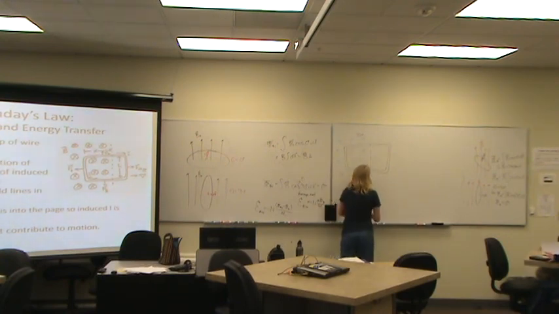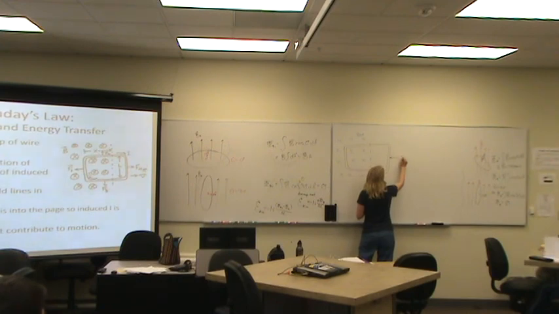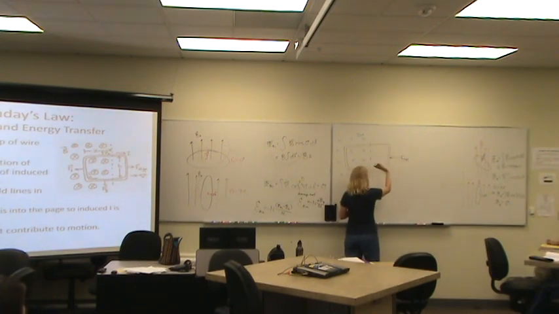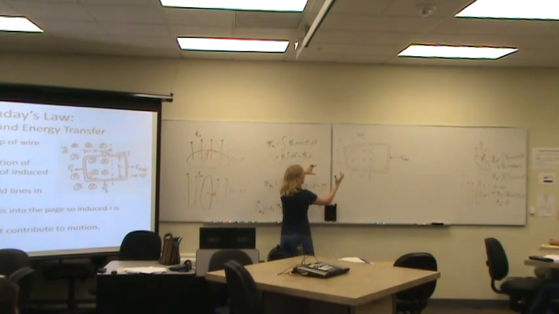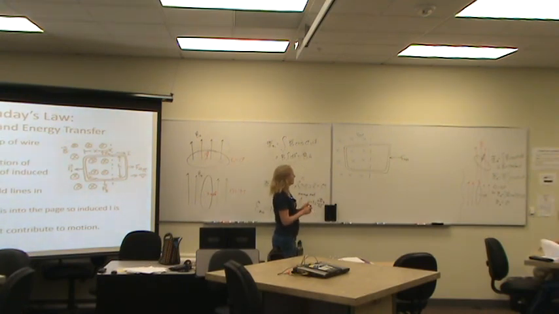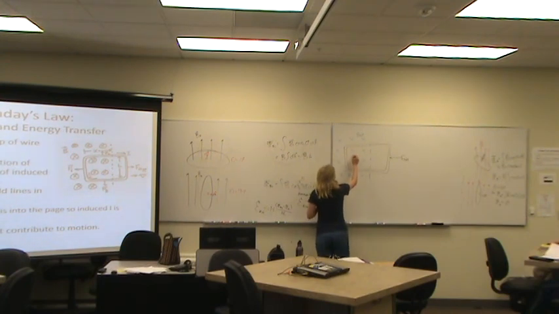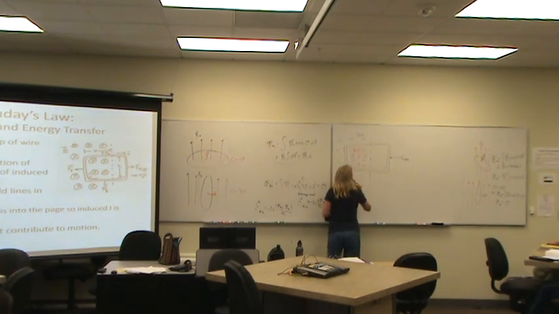If I'm applying a force this direction now, then I've got external B field lines increasing in my loop. So what's the direction of the induced B field? Coming out, yeah, out of the board. So that's our induced B field.